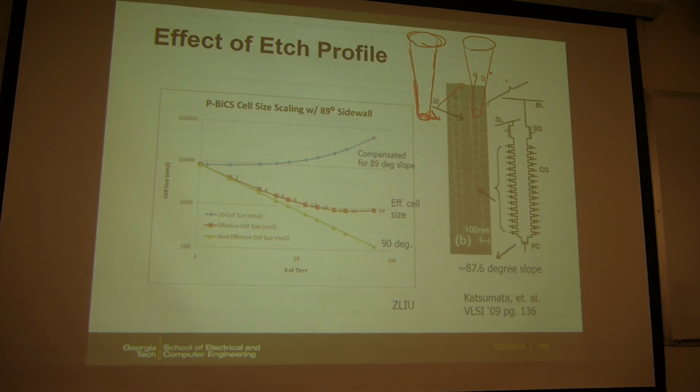So you have to make this vertical, otherwise the density will be lost. So this is really challenging for the fabrication, but somehow the industry still managed to make this better than 89 degrees.